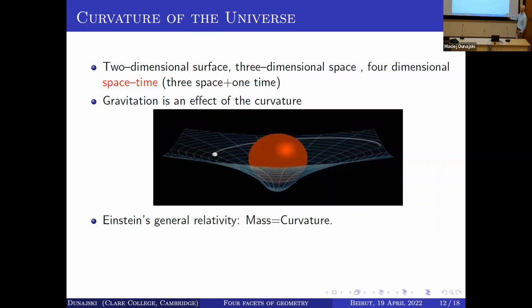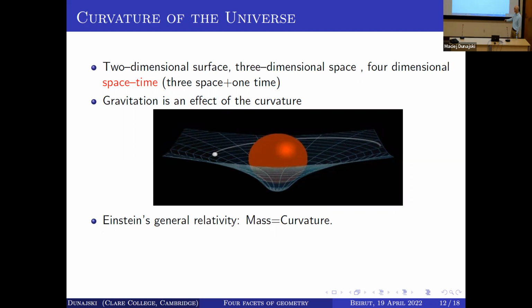This picture is supposed to illustrate this. If you put mass on an otherwise flat net, you disturb its curvature. The sums of angles are not 180 degrees anymore, and the shortest paths between points are no longer straight lines. They can look like curved paths, but that's only because we minimize distance.